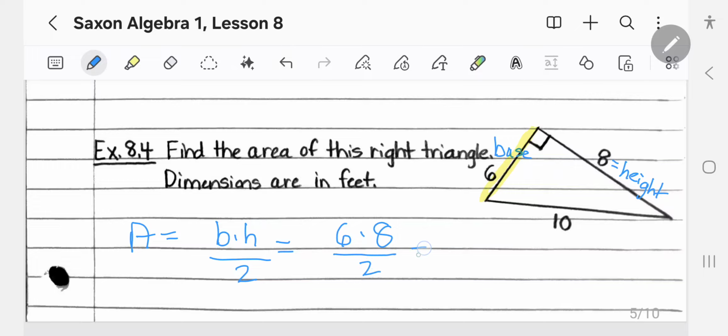And then we'll divide it by 2. 6 times 8 is 48. Divided by 2 is 24. And they told us that these dimensions are in feet. So this was feet times feet, which is equal to square feet. So our answer would be 24 square feet.